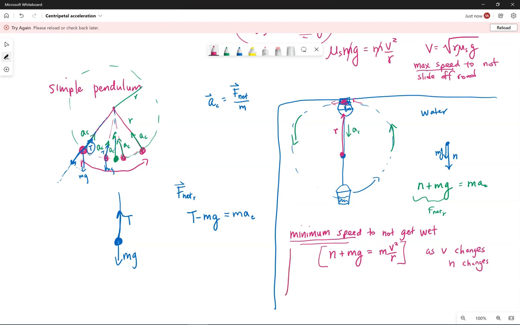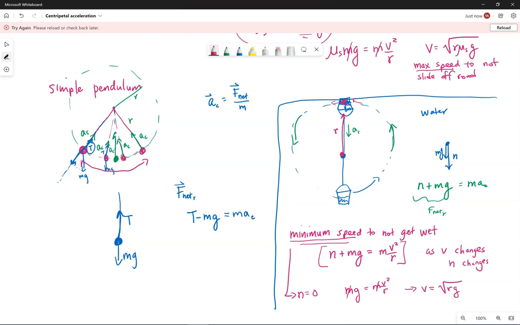The minimum speed to not get wet is the speed at which the normal force just barely goes to zero. The minimum speed will depend upon the radius, how far from your shoulder out to that water, the radius of the circle the water is moving through.